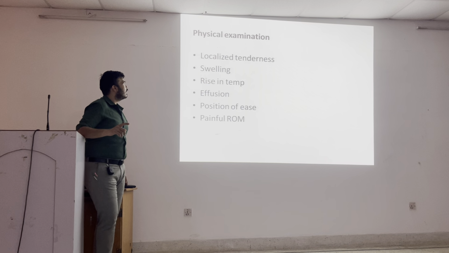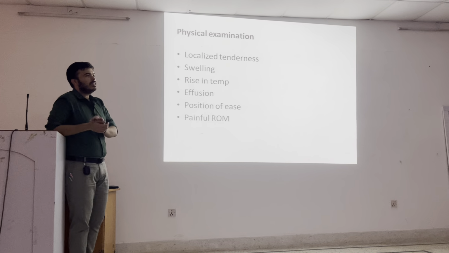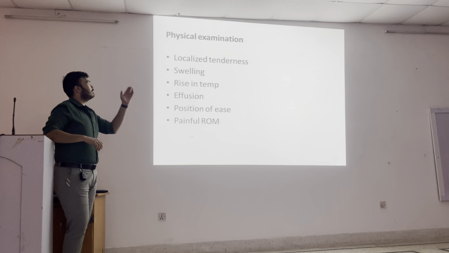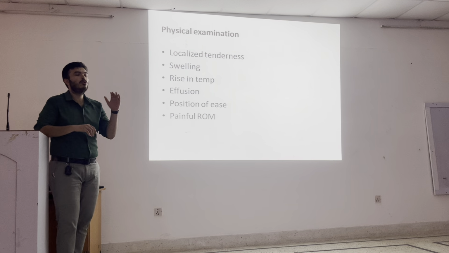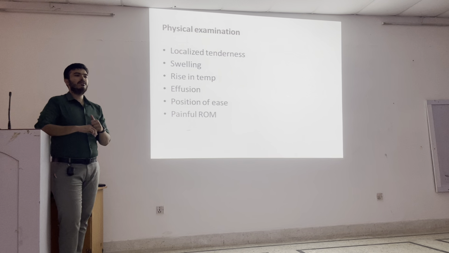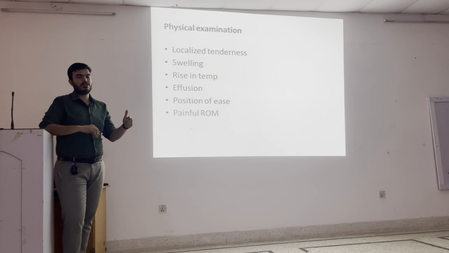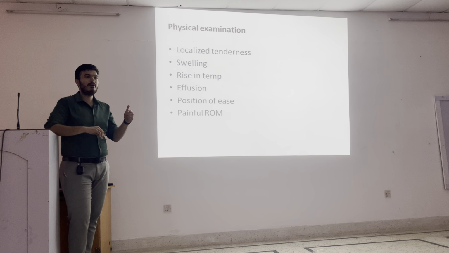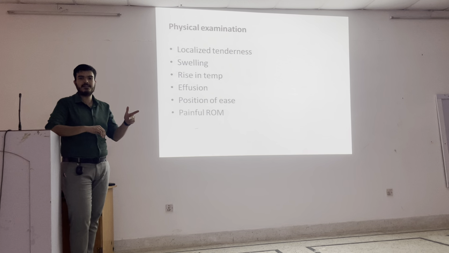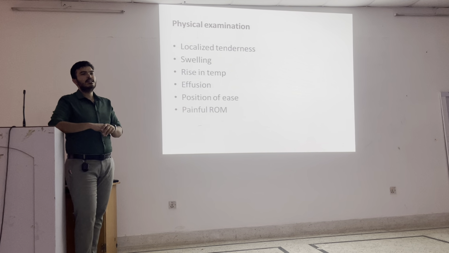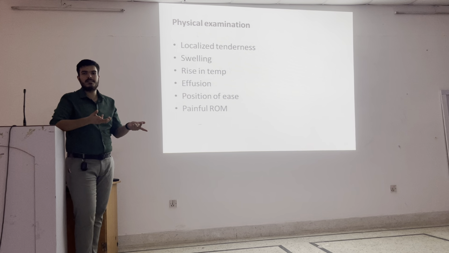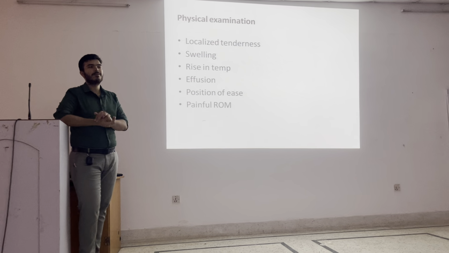Now, you can see in physical examination, you can see localized temperature. The physical examination basically means you just look into the joint. Okay, so it involves inspection, palpation, and movement. In the case of orthopedics, inspection, palpation, and movement. The patient is not able to perform any movement because of pain. Simple, very easy, one-liner. Okay.